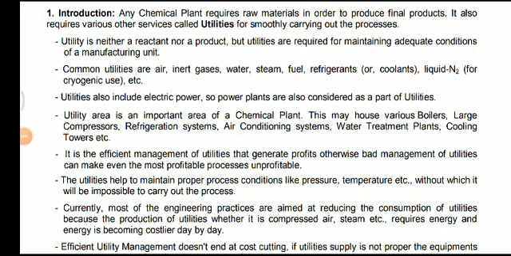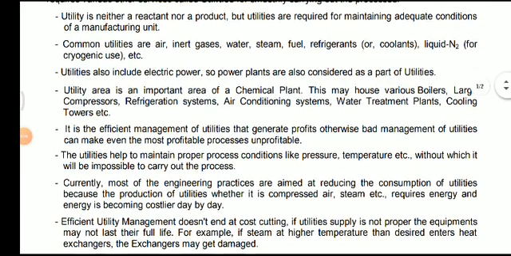So power plants are also considered a part of utility. Utility area is an important area of a chemical plant. This may house various boilers, large compressors, refrigeration systems, air conditioning systems, water treatment plants, cooling towers, etc.